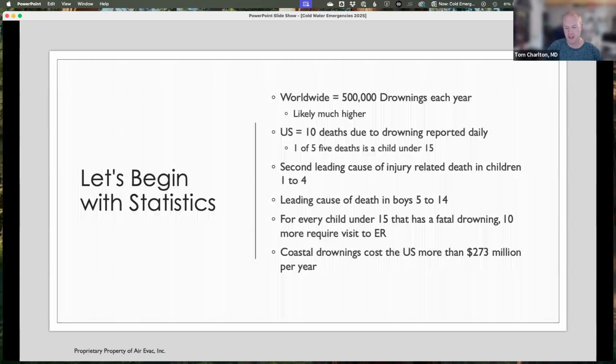If we just look at the cost of beach coastal drownings in the United States, it's at least $273 million per year in medical costs. And that's just with the Atlantic and Pacific and Gulf coasts. That's not including all the little inland lakes and rivers and things like that.